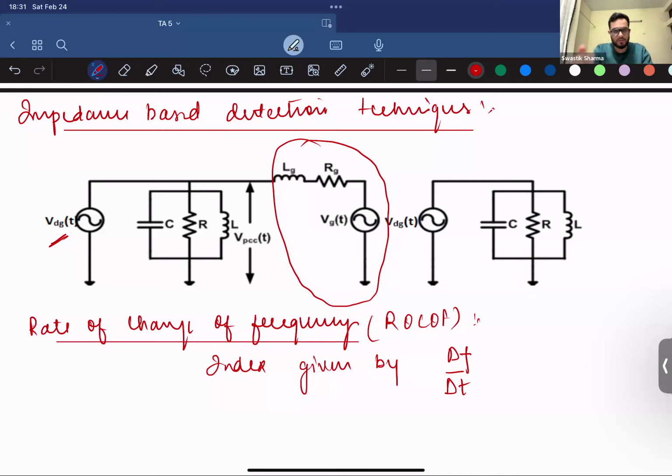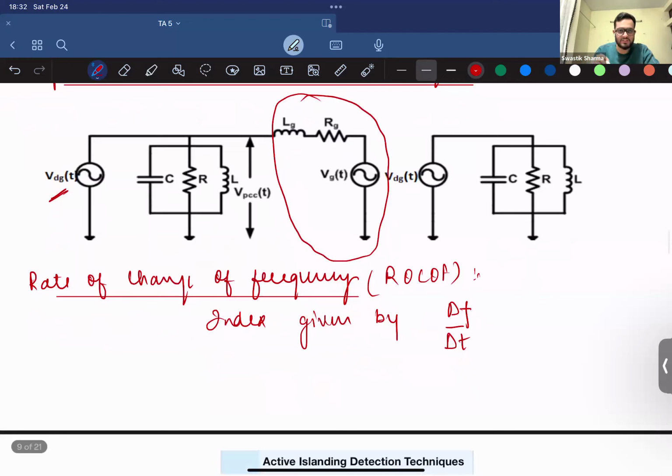So we talked about zero crossing based techniques, and we talked about phase angle monitoring based techniques, right? So if you use those techniques to monitor the change in frequency, by getting this index, you can check how the rate of change of frequency is happening. Monitoring that, you will be able to tell if your grid has gone into islanding or not.